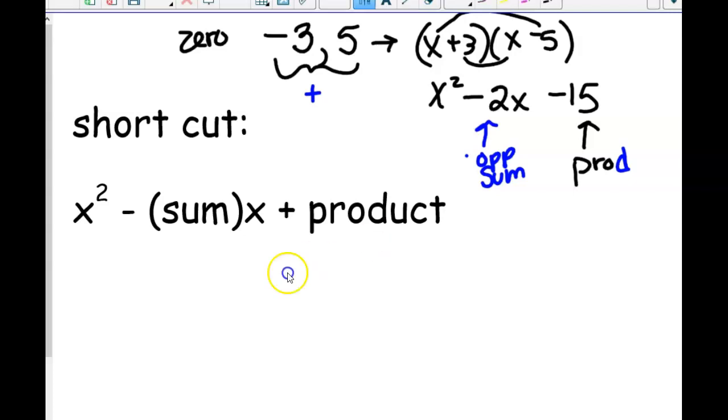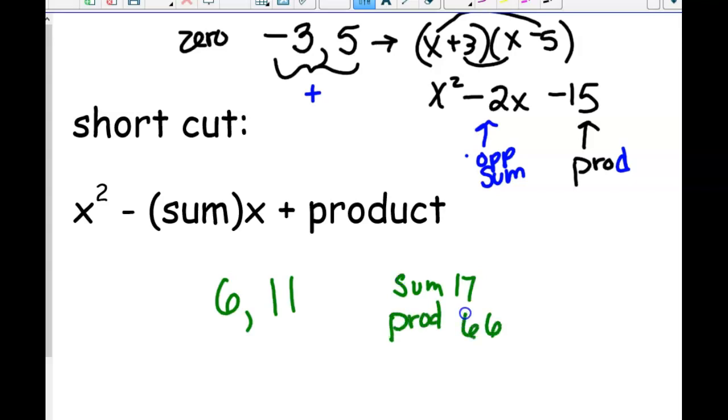All right, so one more time. If I had zeros of, somebody pick 2 numbers. 6 and 11, you want positive or negative? Okay, 6 and 11. What is the sum of those 2 numbers? The sum would be 17 and the product would be 66.